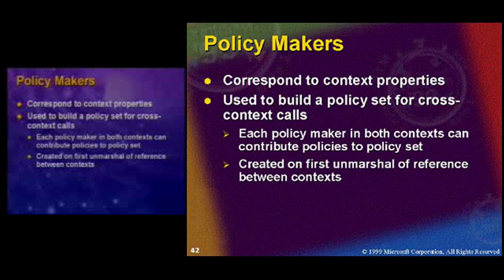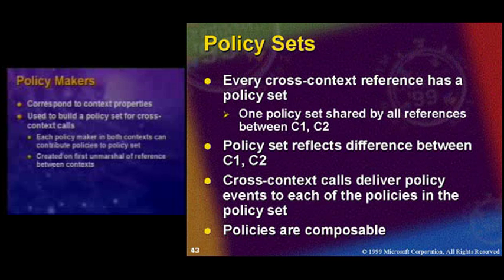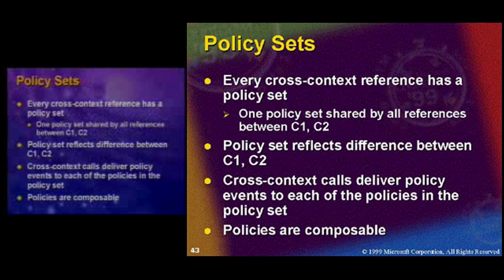And we create this the first time we unmarshal a reference from one context to another. Now you might be thinking, that sounds like there's an awful lot of overhead going on here. So we do try to make it pretty efficient. Although there's a policy set associated with every cross-context reference, for all of the references between any two given contexts, we can share the policy set.